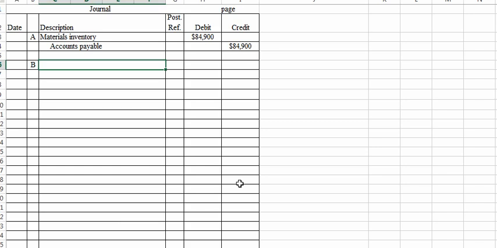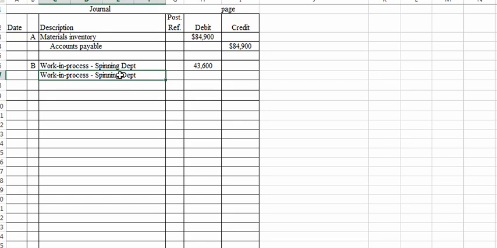So what we're going to do here on B, we're going to debit work in process, spinning department, for the direct materials used in that department. That's your fiber, $43,600. And you guys, you'd want to put your debits first. Other than that, it doesn't matter, so the order could be mixed up here.